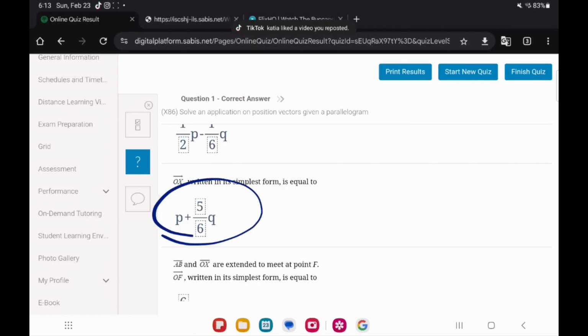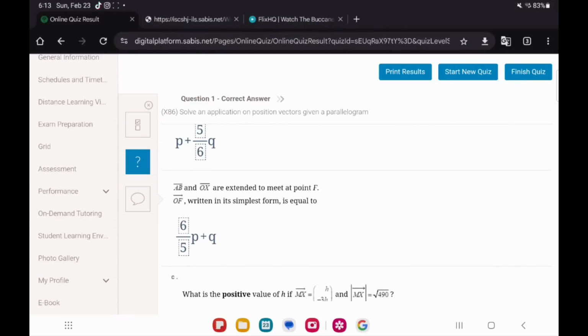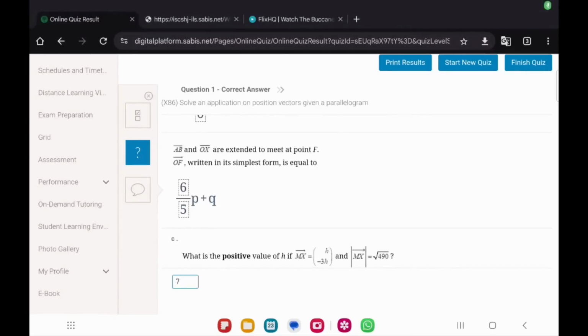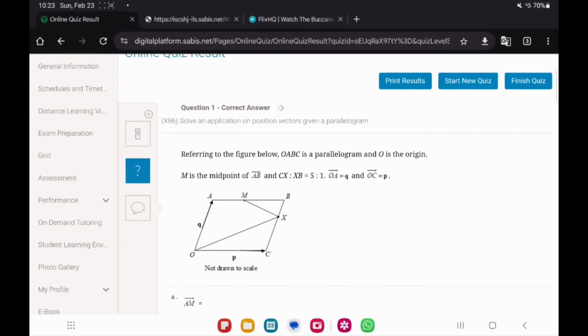Now, part C of B is the hardest out of the whole question because it's so much, and I don't think we ever learned any of this. It's fine. Let me go back to the diagram so I can show you what they mean, okay?